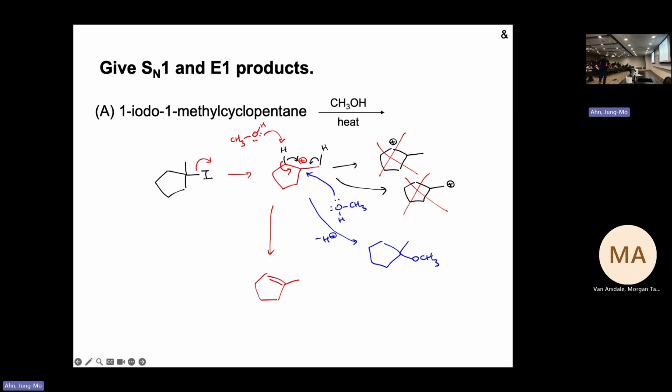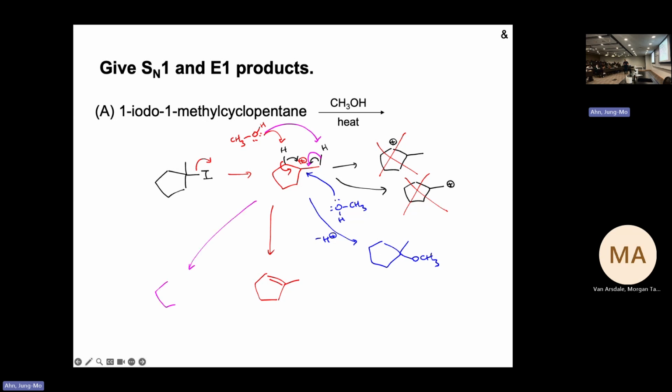Question: is that the only elimination product? For the SN1 product, yes, there's only one. But as for the elimination product, this is not the only one that can be made. This carbocation has an adjacent hydrogen here, and you may think there is an adjacent hydrogen there, but this hydrogen is equivalent to that one by symmetry, so that does not make another product.